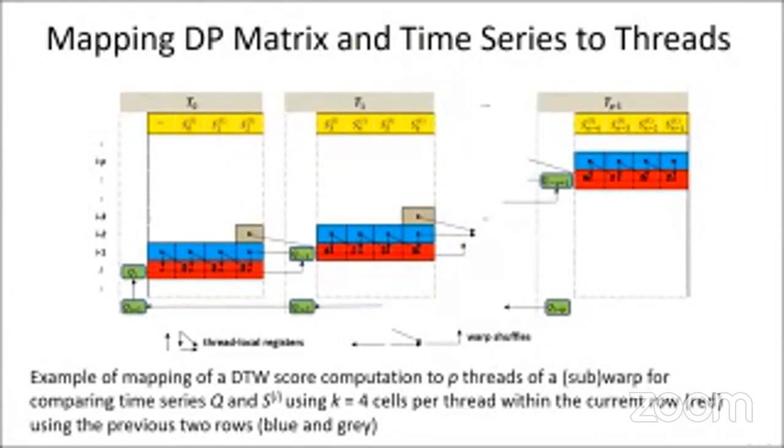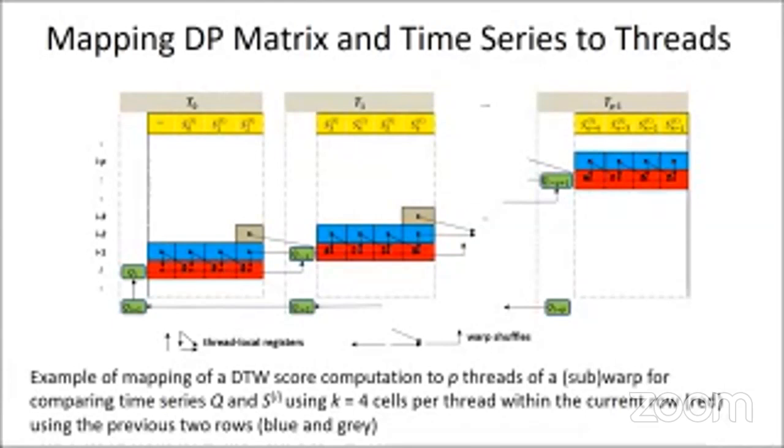Here is a diagram illustrating the mapping of DP matrix cell computations to threads. In this example, we have P threads of a warp or subwarp, and we compare time series Q and S, and we use here K equals 4. So this is an important parameter. So 4 cells per thread of the current row are computed at the same time, and in this example, these are the red cells.